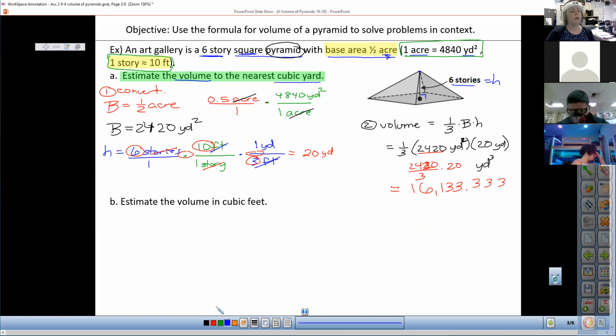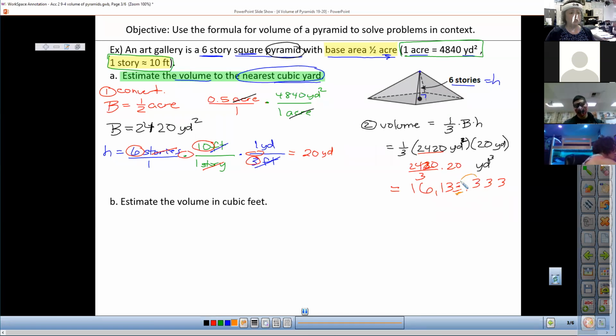So here's where we need to understand the wording of our rounding rules, nearest cubic yard. So we've talked about this wording also. Hopefully remember that if it's nearest cubic yard, cubic foot, nearest foot, anything like that, if it doesn't say any other place value, like tenths, hundredths, or 100,000s, like we were just doing, that means that we're rounding to the nearest whole number, which is the ones place.